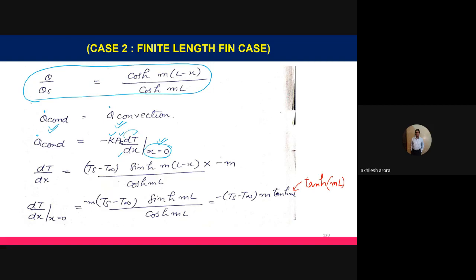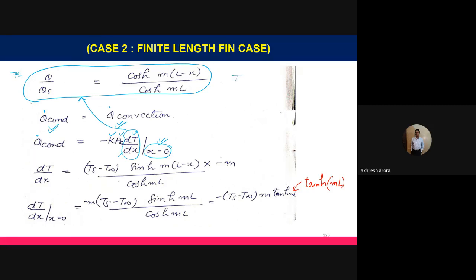Now I have to calculate this value dT by dx at x is equal to 0, and this dT by dx can be calculated from this particular temperature distribution equation. So let us see it here.